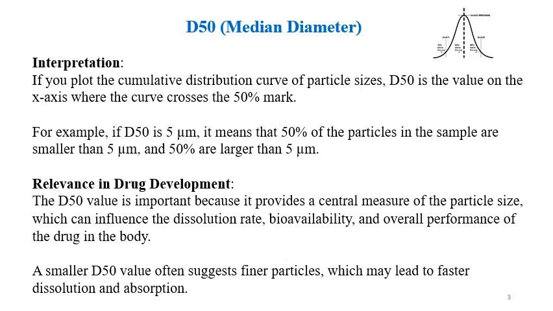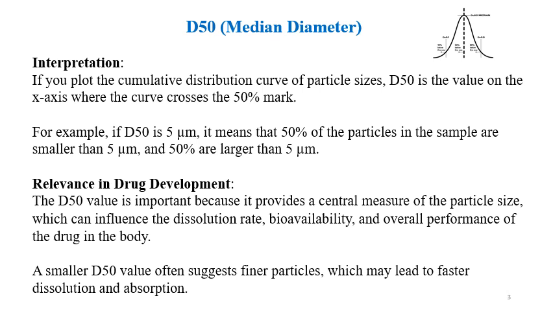Interpretation of the D50: if you plot the cumulative distribution curve of particle sizes, D50 is the value on the x-axis where the curve crosses the 50% mark. For example, if D50 is 5 micron, it means 50% of the particles in the sample are smaller than 5 micron and 50% of the particles are larger than 5 micron.